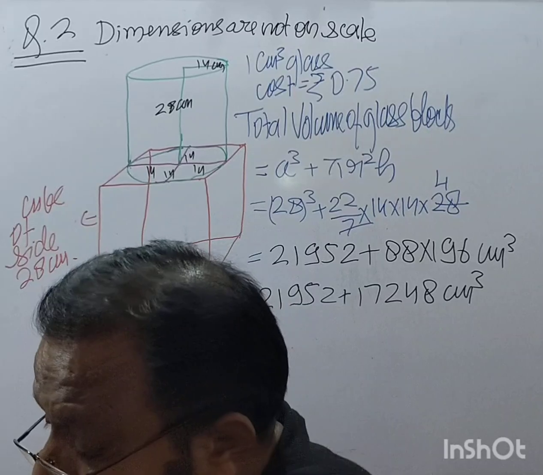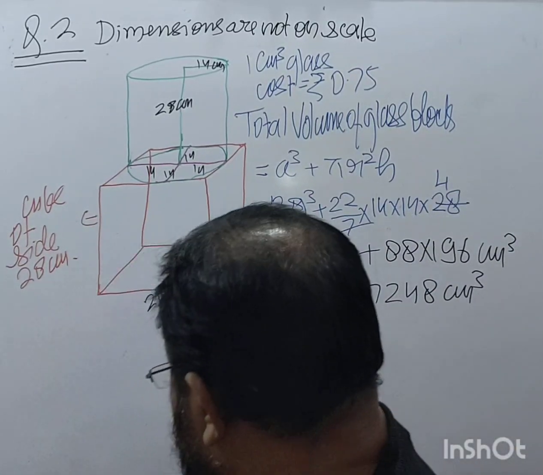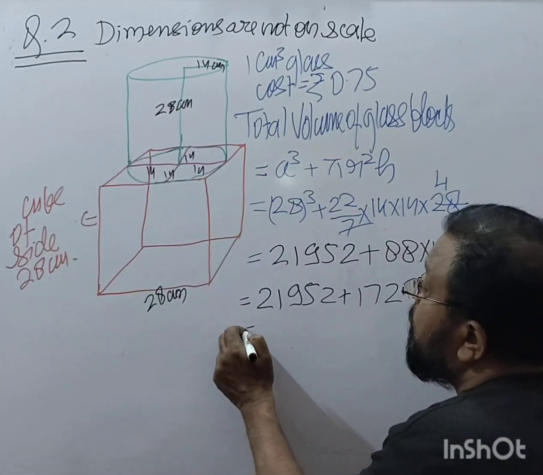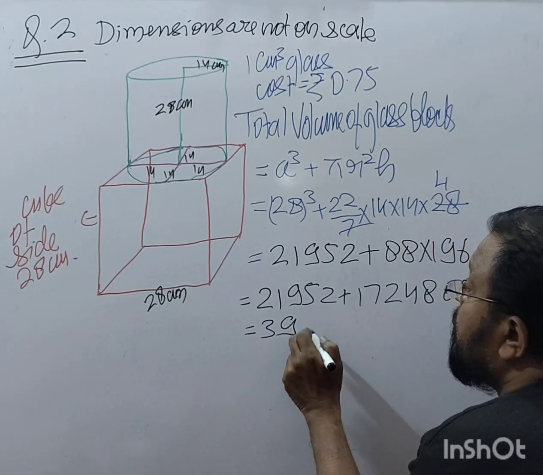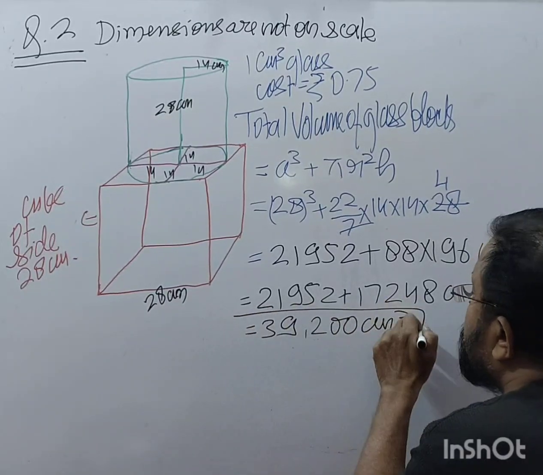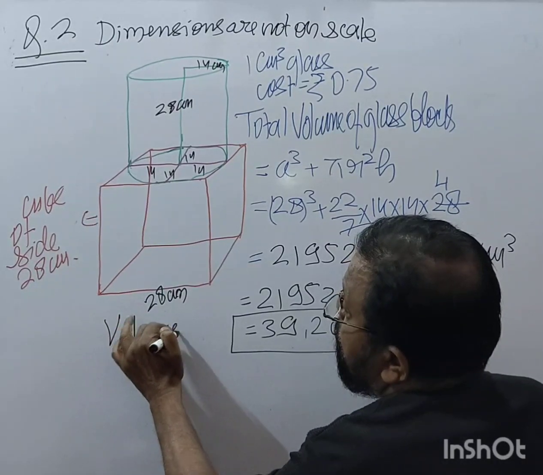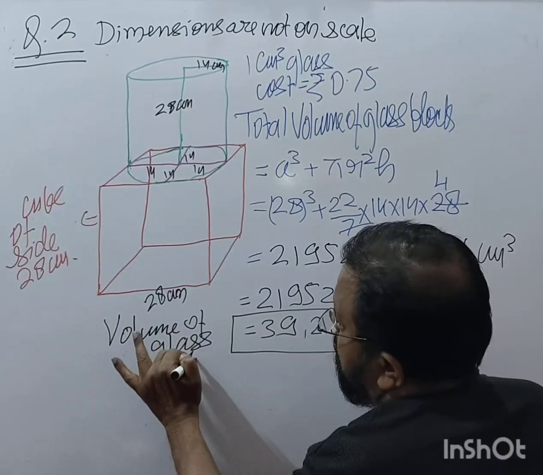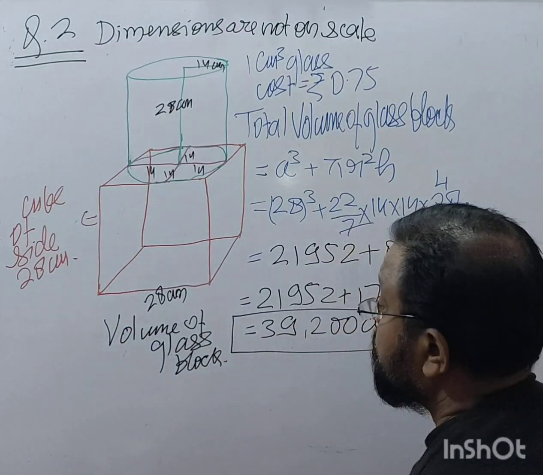So how much will you get? 39,200 centimeter cube. This is the volume of the glass block, right?